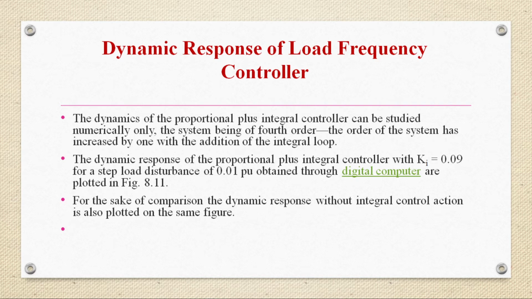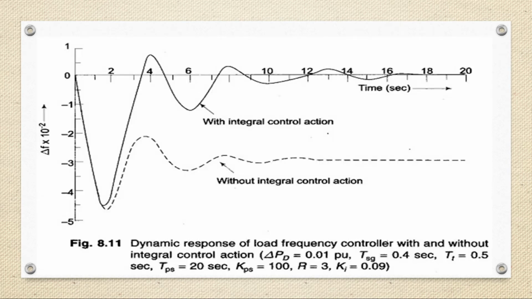See here, this shows the dynamic response of the load frequency controller with and without integral control action. The area control error is 0 under steady state condition. A design criterion will be the minimization of the integral of ACE dt for a step disturbance.